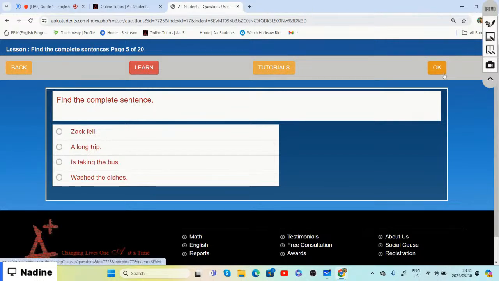All right, so we need to find the complete sentence. Remember, we have a naming part within that sentence and an action part within that sentence. We say Zach fell, a long trip, is taking the bus, or washed the dishes.